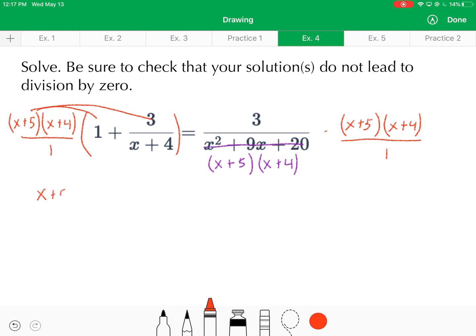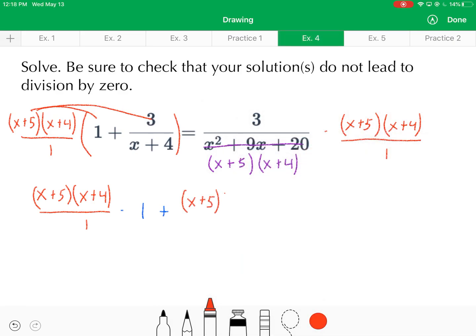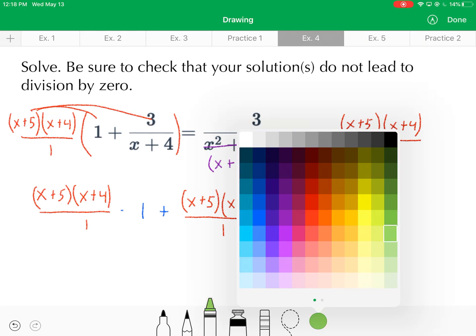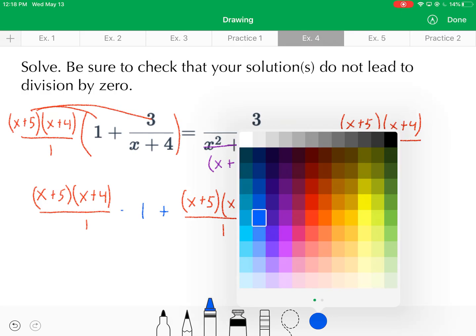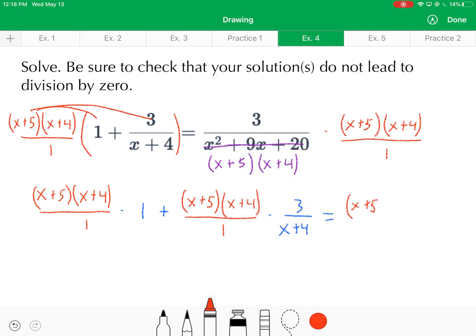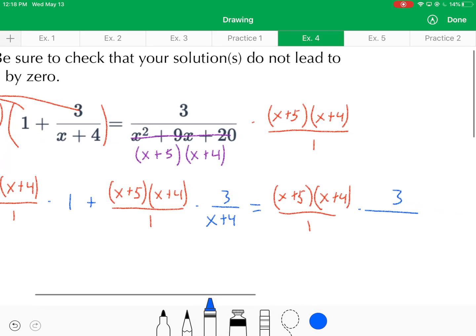So that's initially going to look like (x plus 5)(x plus 4) over 1 times 1, plus (x plus 5)(x plus 4) over 1 times 3 over x plus 4, equals, one last time, (x plus 5)(x plus 4) over 1 times 3 over (x plus 5)(x plus 4).